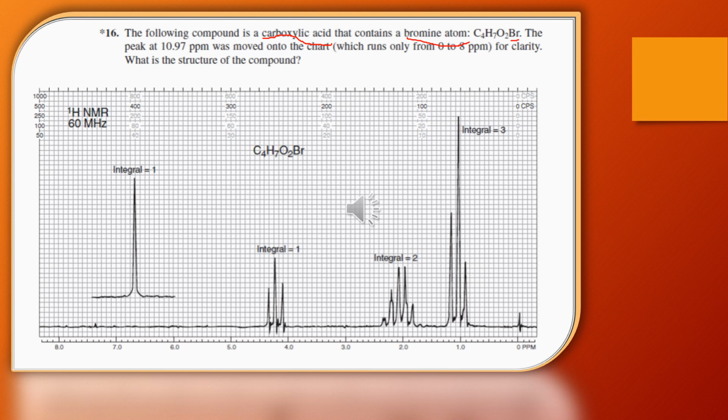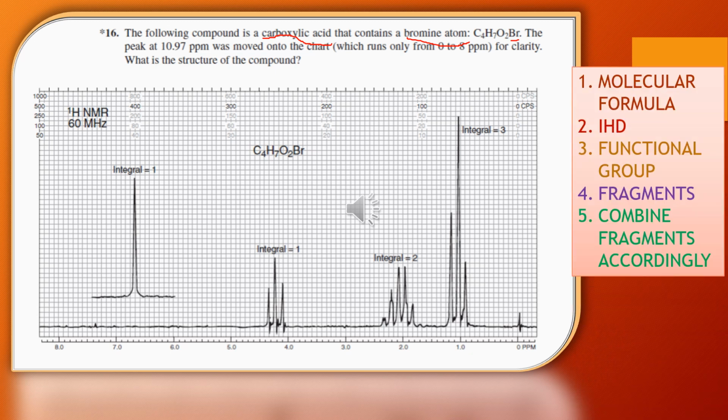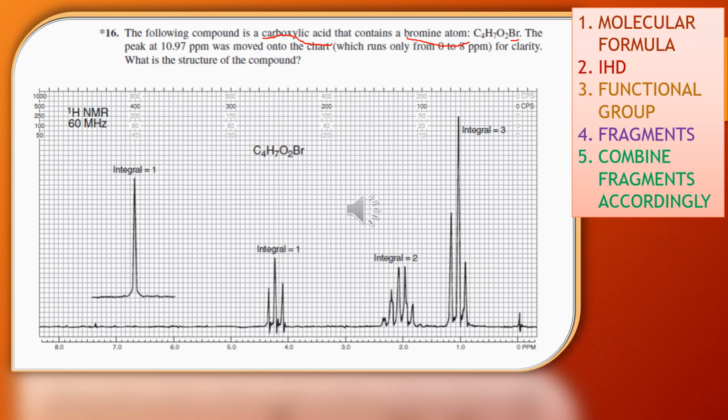So we have to find out the structure of the compound, and it is mentioned in the question that the functional group present in this molecule is carboxylic acid, and a bromine atom is also present in this molecule, right? Before I move further, you can see what things we need to solve this NMR problem.